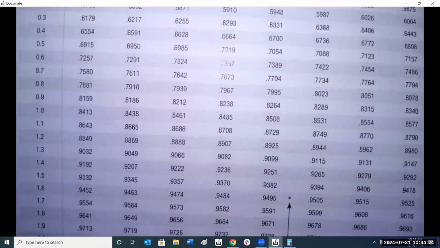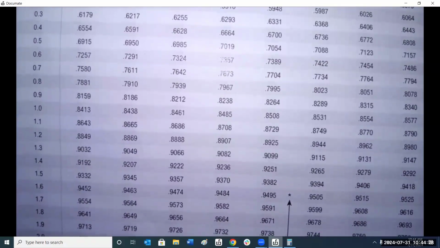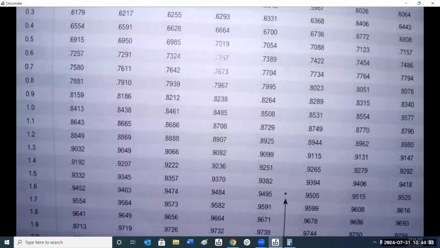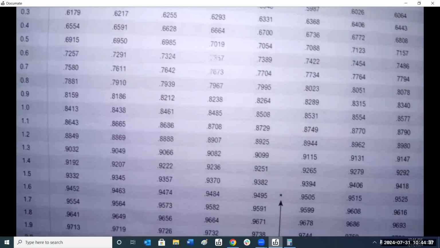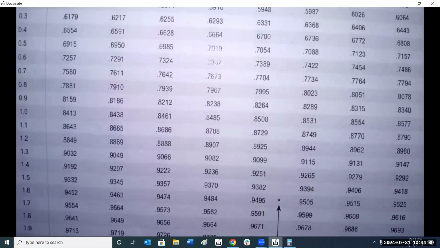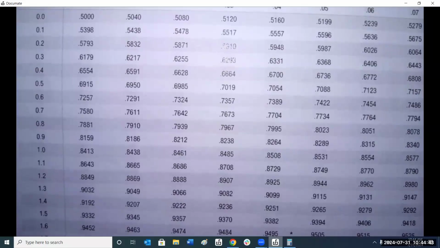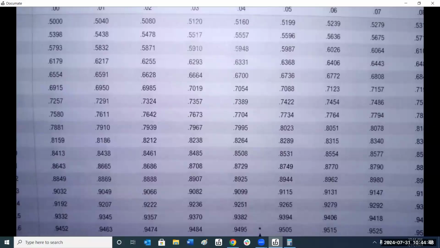That's 0.8888 for a positive z-score. What's the answer? I think it's 1.22.